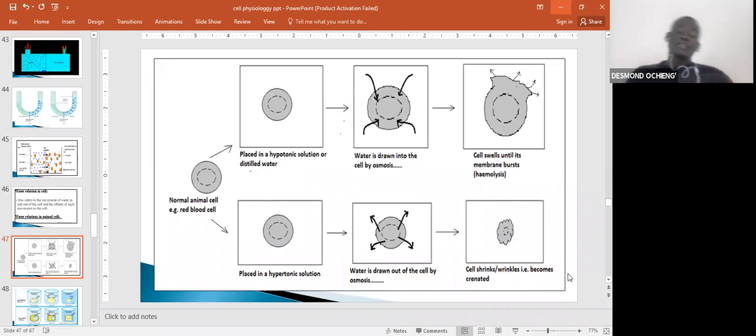The cell membrane of the animal cell is almost the same as the one for the plant cell in terms of the properties that they share. The animal cell also has a vacuole in it, which is made up of solutions, salt and sugar solutions, found there.